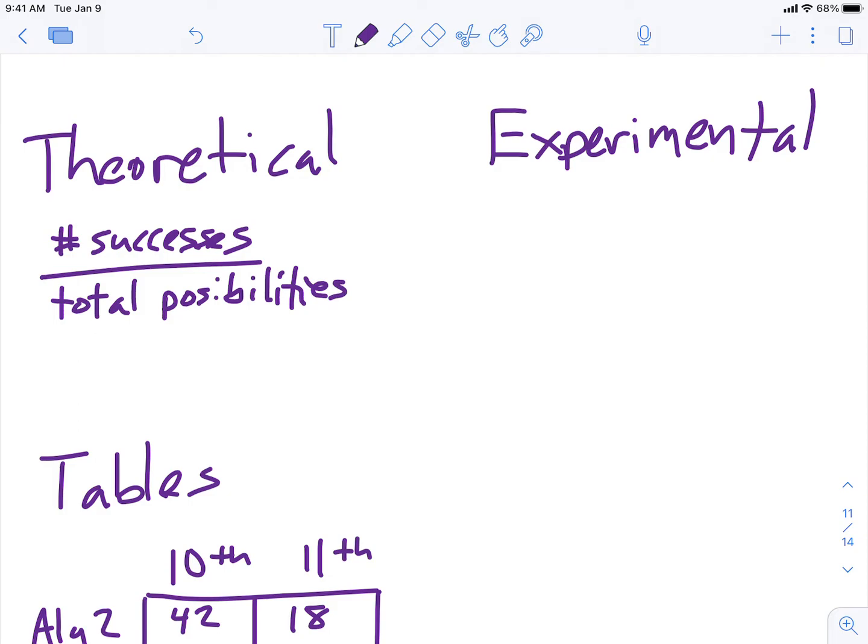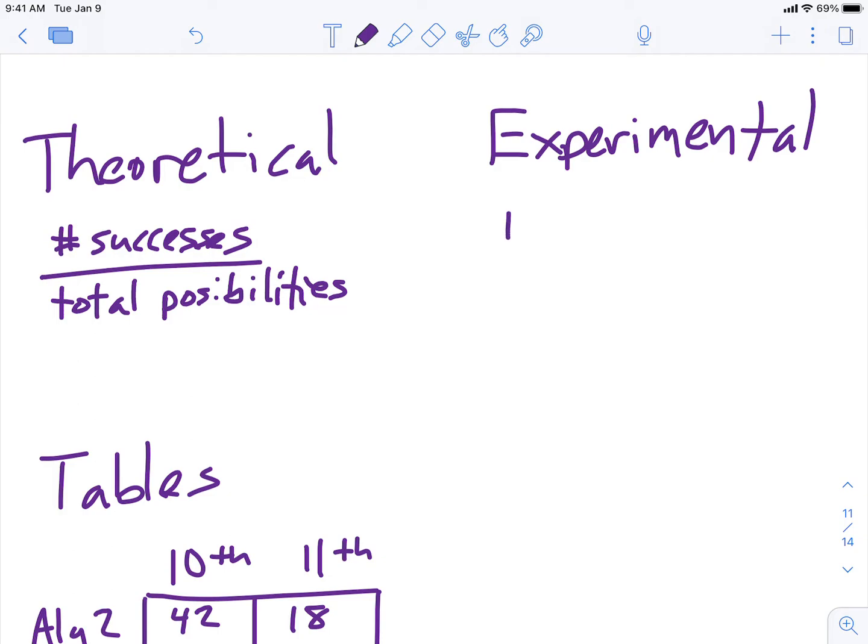So if we're rolling a single die, right? What's the probability of rolling a 1? Well, my success there is rolling a 1. There's only one way I can do that. And the total possibilities, there's 6 because it could be a 1, 2, 3, 4, 5, or a 6.